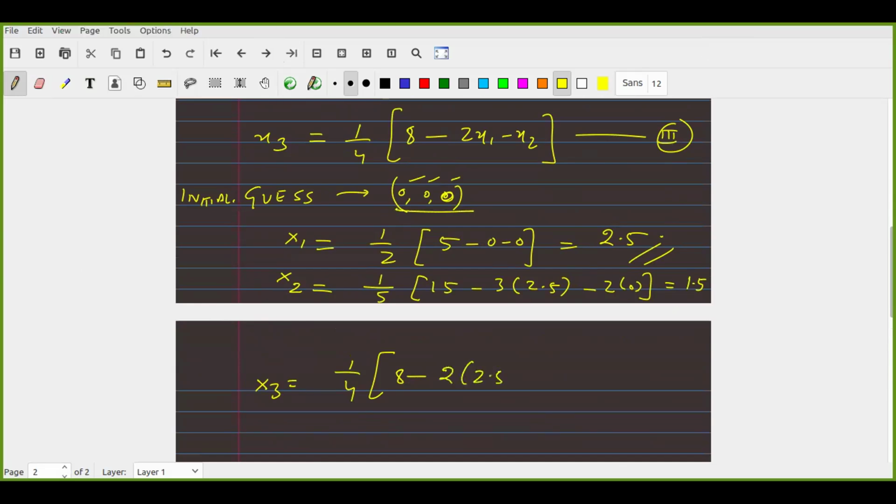So 8 minus 2 times 2.5 minus 1.5, divided by 4. To be very exact, it comes to 0.375, although there are decimals after 0.4, so I'll approximate it as 0.4. Okay.